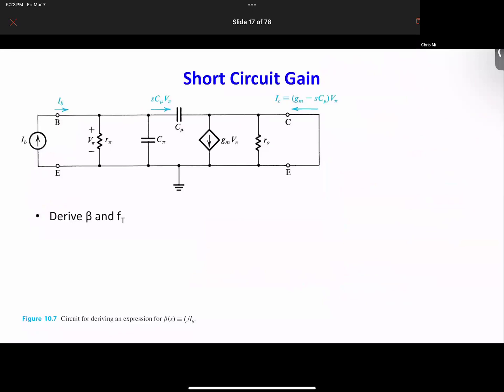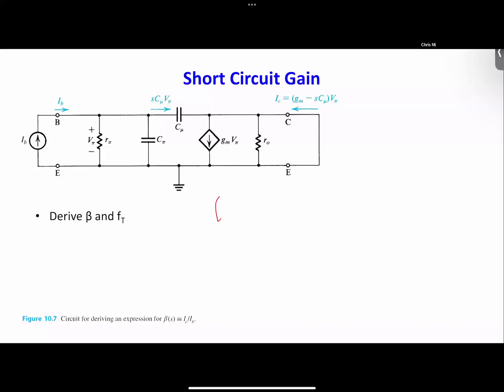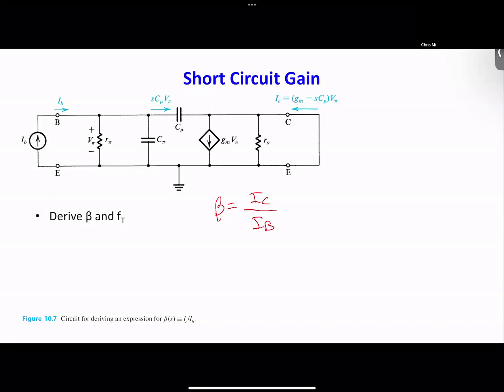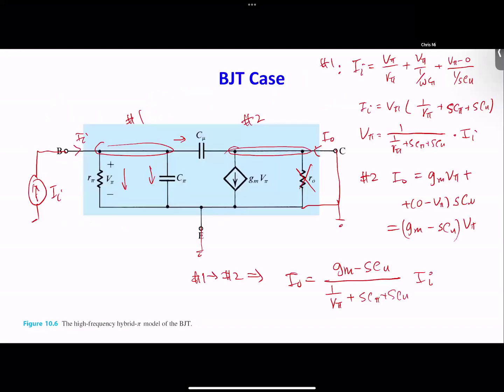So over here, what we can do is find this so-called beta, because beta is equal to IC over IB. What I found initially I called IO, which is basically IC, and II is basically IB.